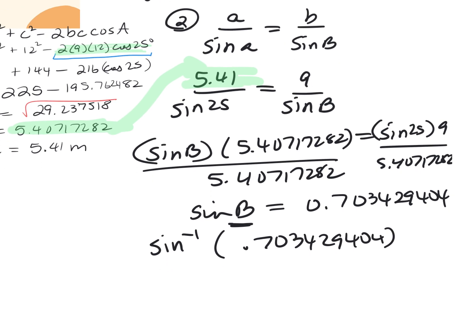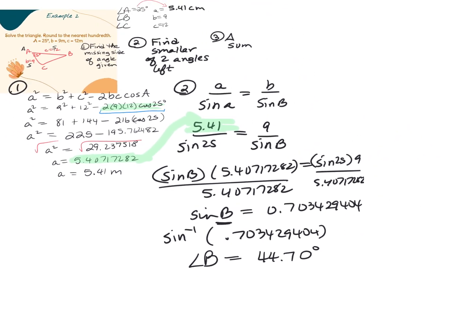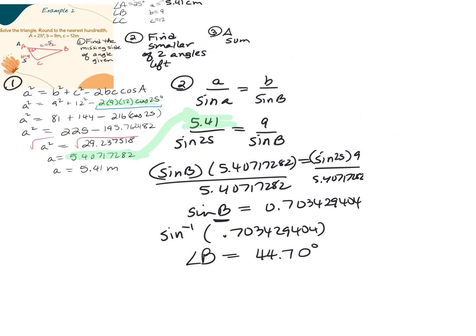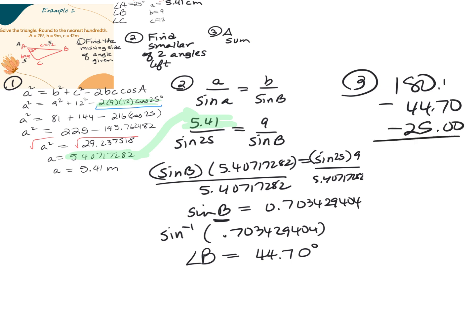And then angle B, rounded to the hundredths place, is 44.70 degrees. And now step 3, I use my triangle sum. If you just want to do 180 and then subtract the two angles, the one that was given plus the one you just found, and then once you do that subtraction, you get 110.30 degrees.